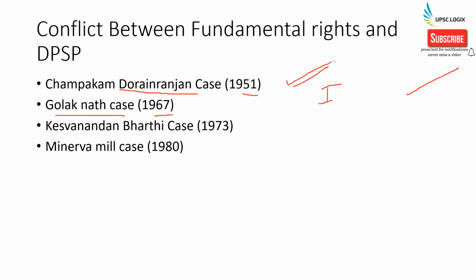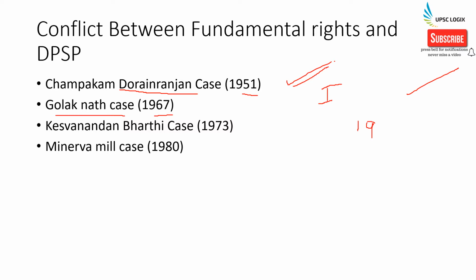So the government reacted to the Supreme Court's judgment in the Golaknath case, and they came out with two amendments. The first was the 24th Amendment Act of 1971, and the second was the 25th Amendment Act. The 24th Amendment Act said that the Parliament had the power to take away any of the fundamental rights by making an amendment to the Constitution.